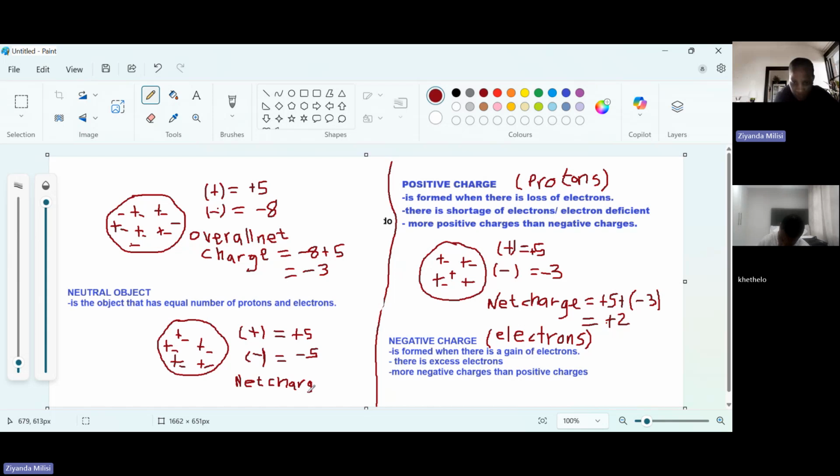Negative 5 plus 5, which is equal to 0. So you can see that this object is neutral. Are we cool?